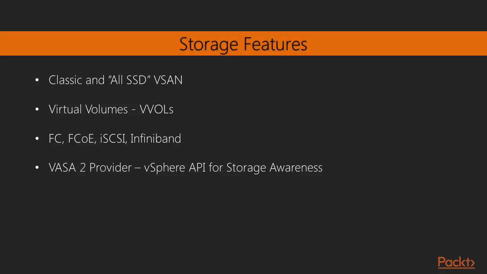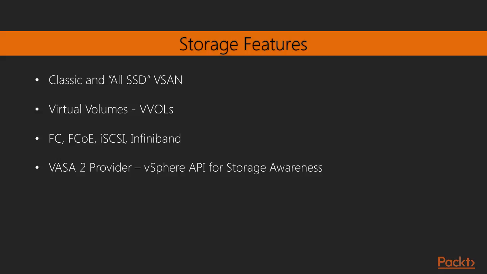Let's talk about fiber channel, FCOE, iSCSI and InfiniBand. These have all been supported for a very, very long time. FCOE is becoming quite popular now, but iSCSI is making a comeback as well, especially with the new SSD based storage devices where iSCSI is readily available and it's very fast, very effective.